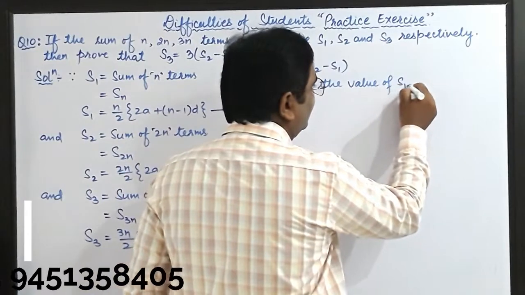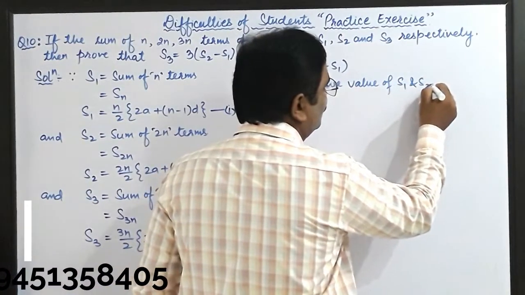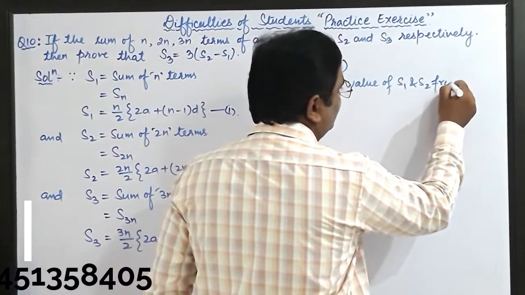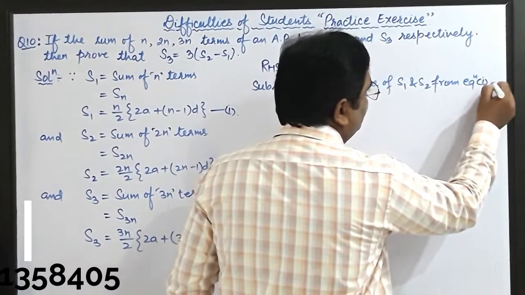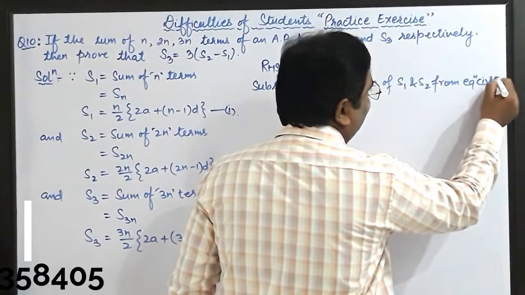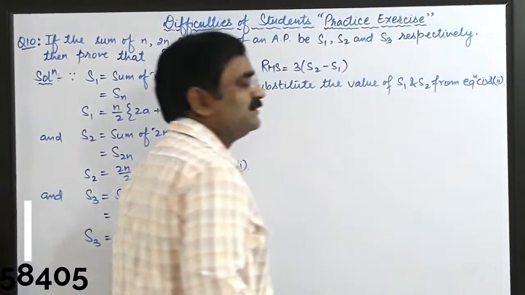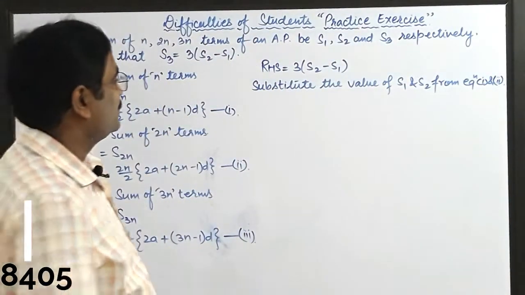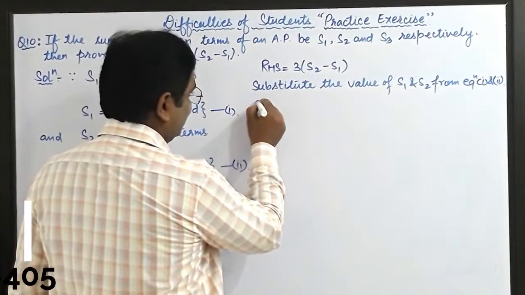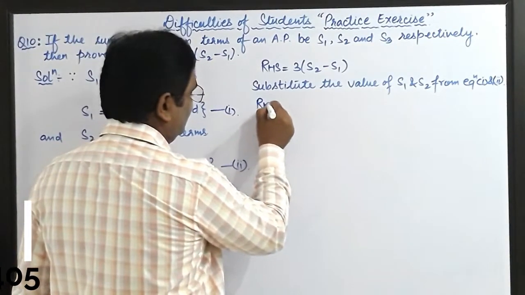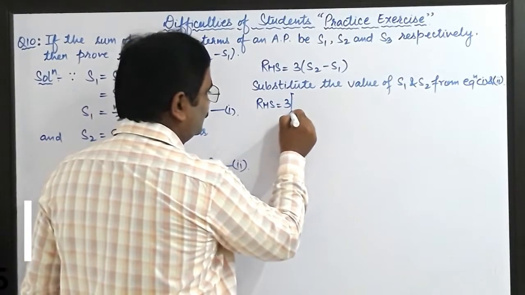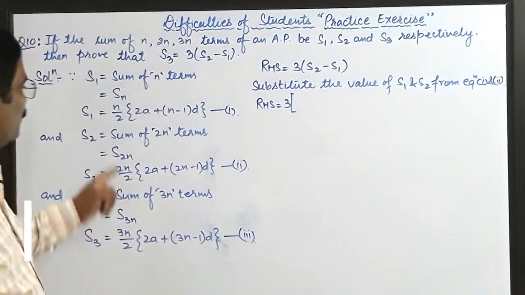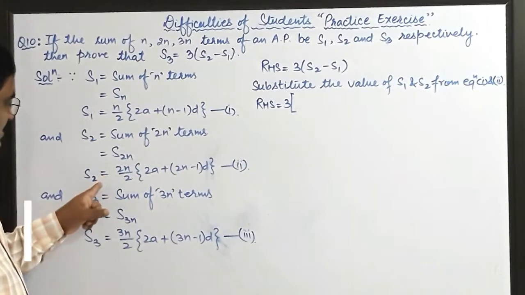So we will get our right hand side equal to 3 into, and the value of S2 is this one.